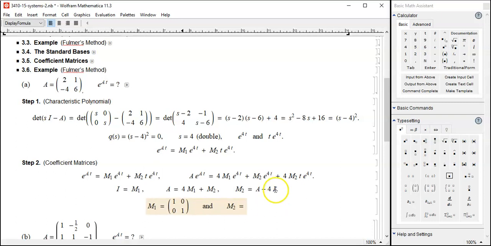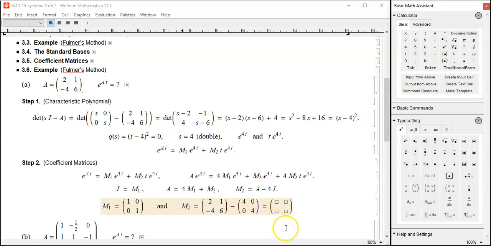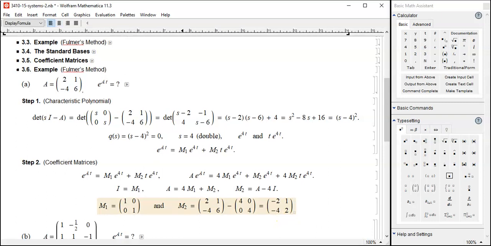M2 is A minus 4I, so here's my A, minus 4 times I. And then what is this? 2 minus 4, I'm getting negative 2. 1 minus 0. And negative 4 minus 0. 6 minus 4.